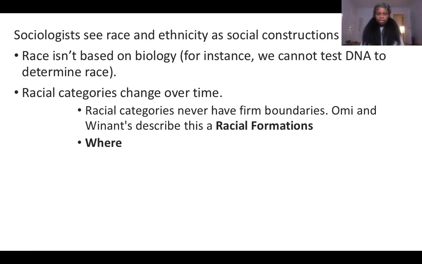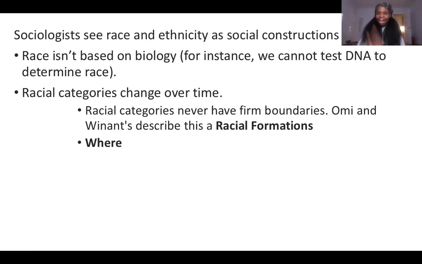Omi and Winant described these racial categories collapsing or changing over time as racial formations. So race and racial categories go through racial formations. I shouldn't say constantly.